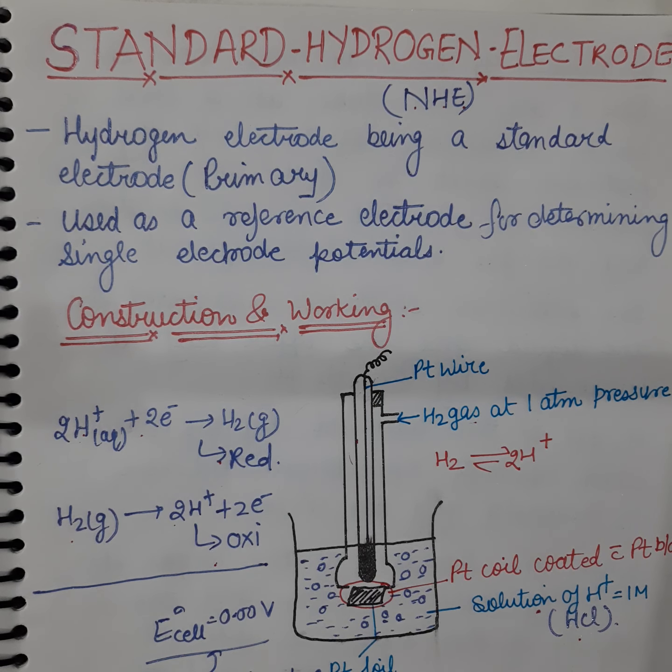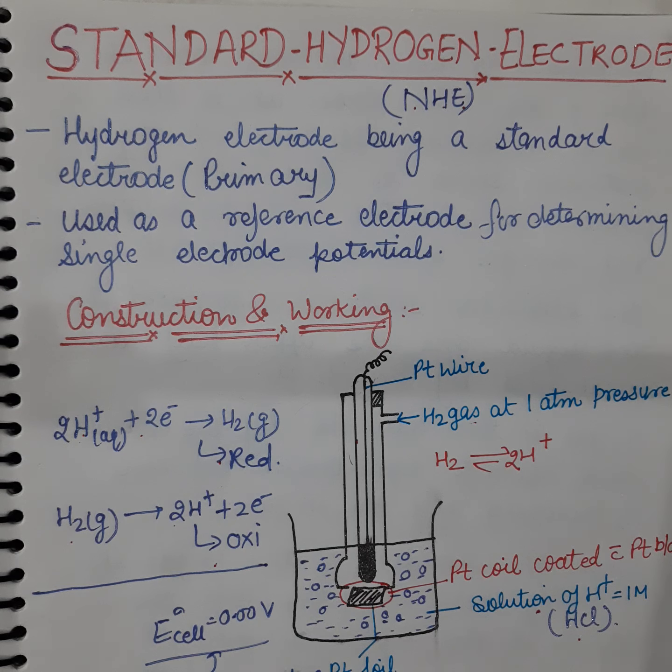There are many drawbacks of this standard hydrogen electrode. That's why a secondary electrode is used as a reference electrode, known as the calomel electrode. So what are the drawbacks? Students, basically it is difficult to maintain 1 atmospheric pressure of hydrogen gas for a long time.